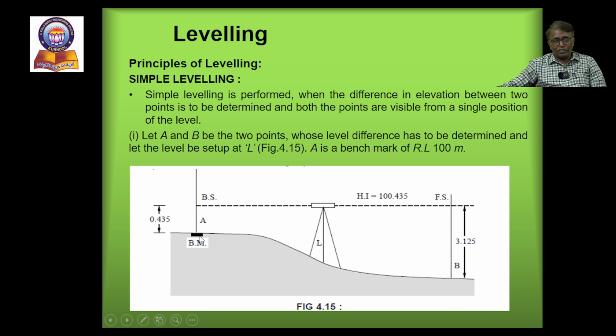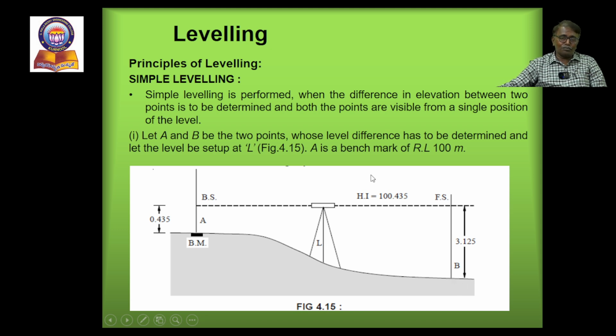So by adding the reduced level of the benchmark, we get the height of the instrument, that is the height of collimation. Then the staff is kept over station B, the telescope is directed towards the staff and the staff reading is obtained. Point B is located in a downward direction, hence we get the larger reading, 3.125. So the height of instrument, that is the height of collimation, minus 3.125 gives the reduced level of point B.